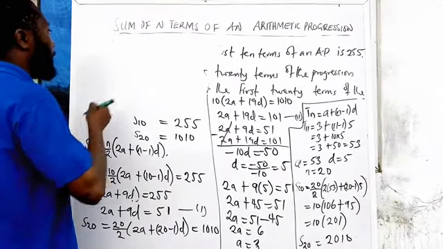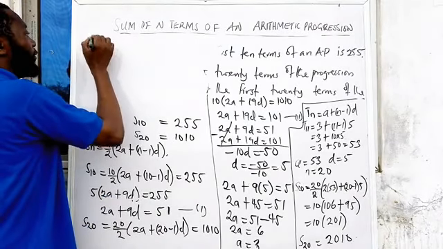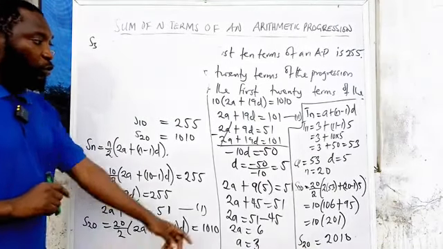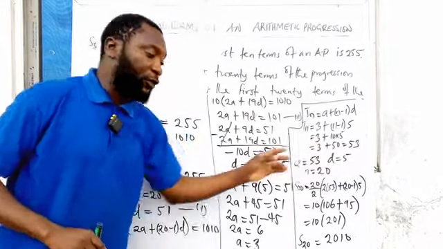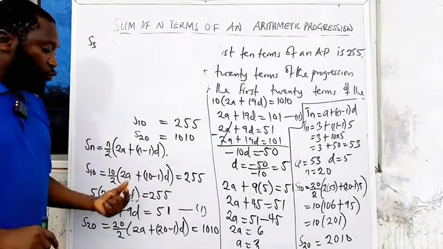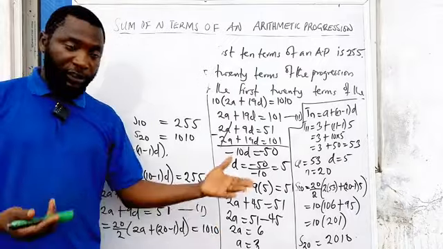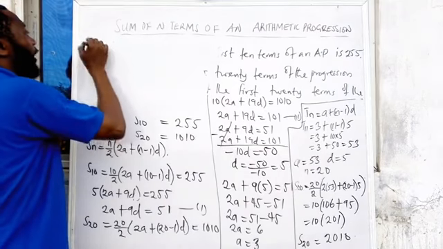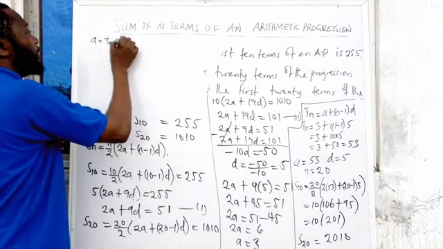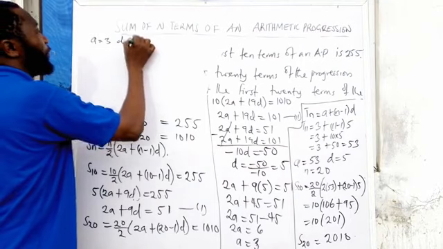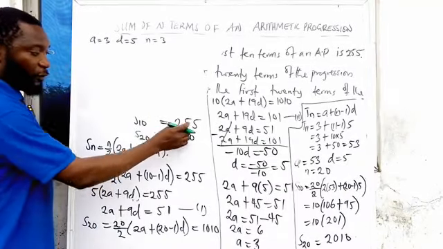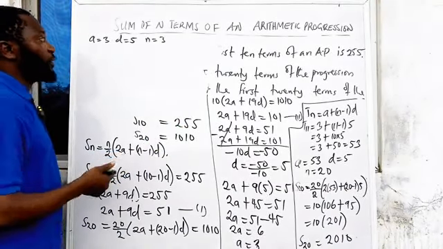Now our S30, but now when we are looking for the sum of the first started terms, we don't consider this our first term again. We use the normal first term, which is 3, and the common difference still remains, which is 5. So we say our A is 3, our D is 5, and our N this time is 30. Since we know the sum of the first 10 terms, we just subtract this to get the answer.